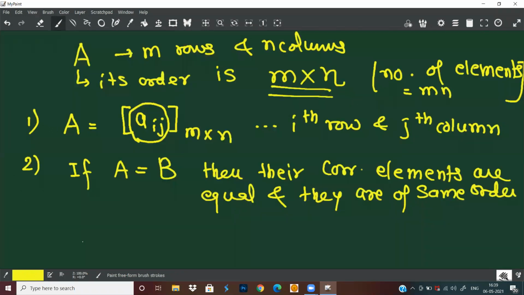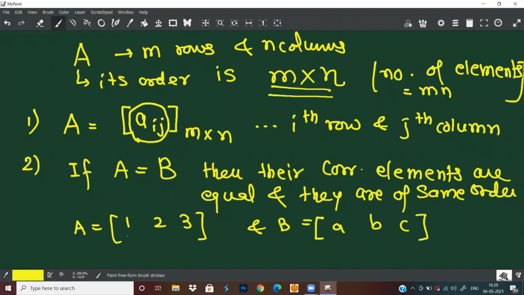I'll give you an example. If my matrix A is 1, 2, 3, and matrix B, if you are from ICSE, you have done, not all have done, is a, b, c. So iski order hai, there is 1 row and 3 columns. So iski order hai 1 by 3. Iski bhi order hai 1 by 3. So unke order same hai.